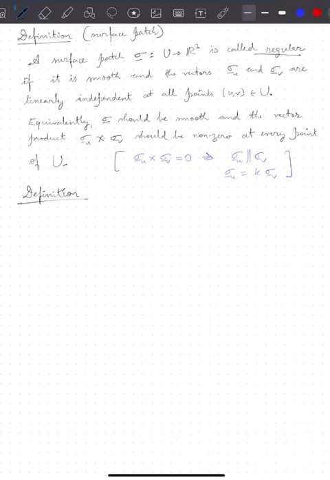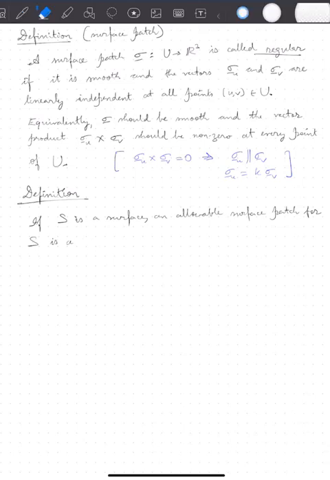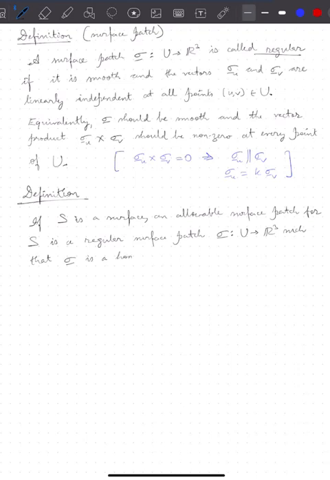The definition here is: if S is a surface, an allowable surface patch for S is a regular surface patch sigma vector from U to R3 such that sigma vector is a homeomorphism from U to an open subset of S, right?